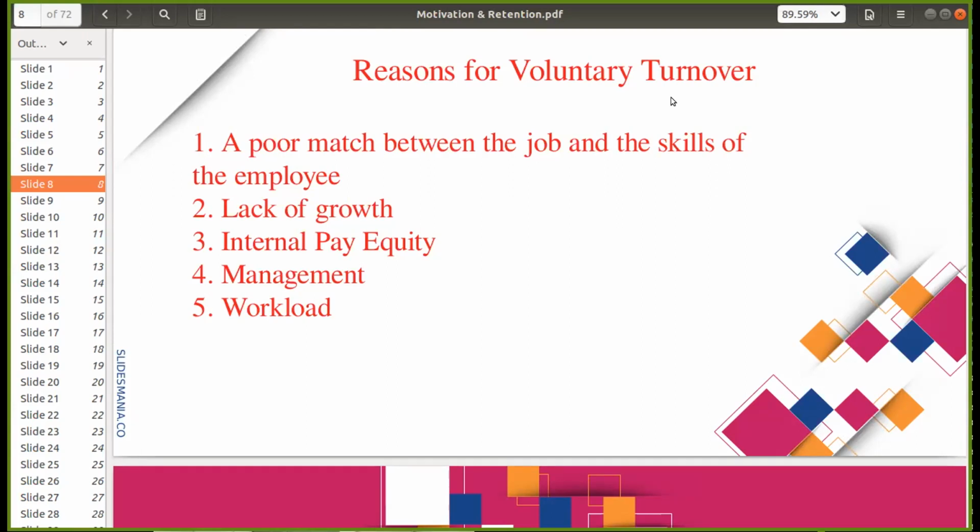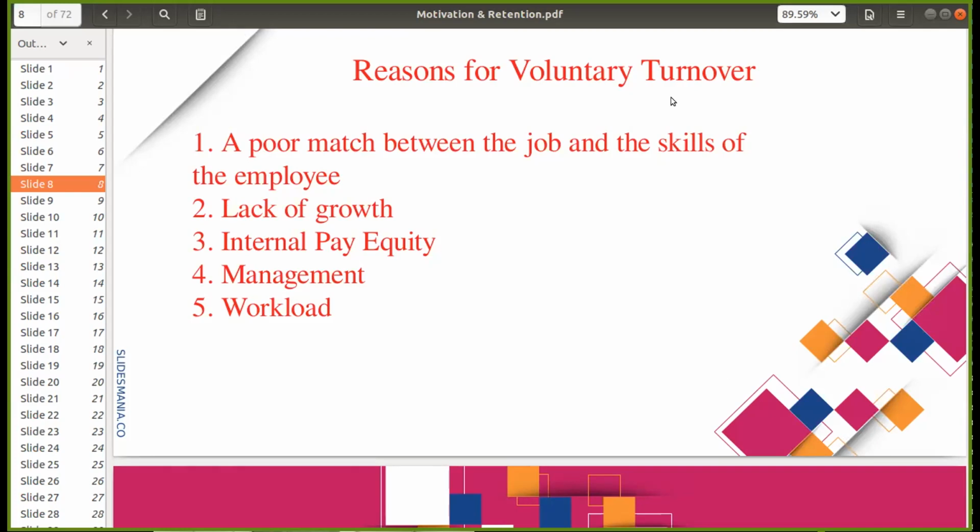Ayan, yung mga nasa screen. So there's a poor match between the job and the skills of the employee. Kaya nga recruitment process pa lang, pinipili ng maigi yung tamang tao for the job, the right person for the job. So this reason is directly related to the recruitment process.